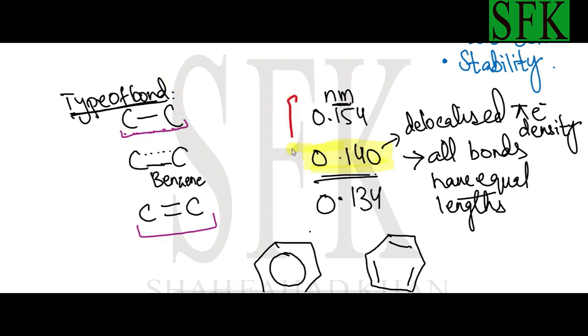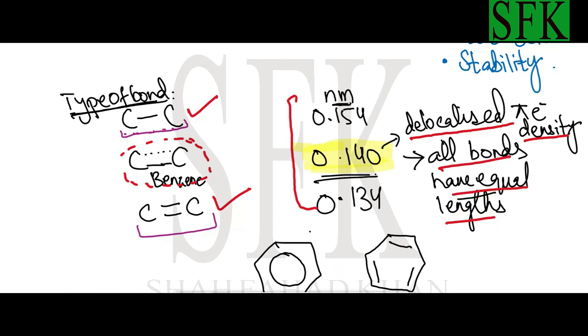I mean, they never ask you the values, but they do ask you the reason why benzene has an intermediate value in between the carbon-carbon single bond and the carbon-carbon double bond. So you better be able to explain it in terms of the delocalized pi electron density, the bond lengths being equal.